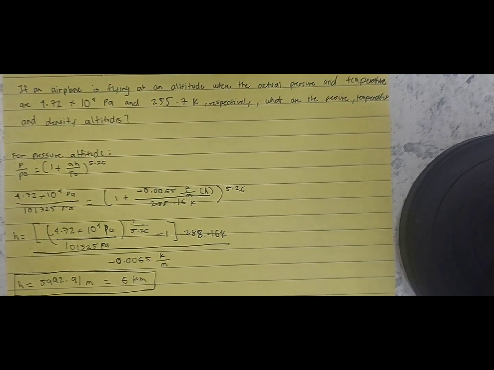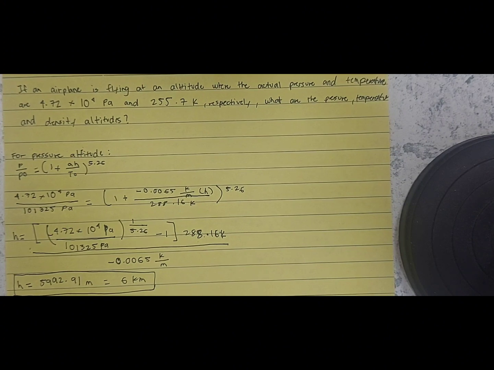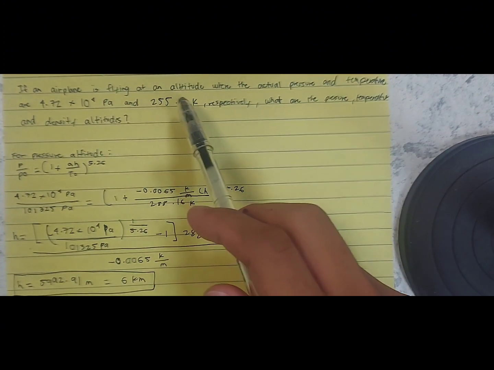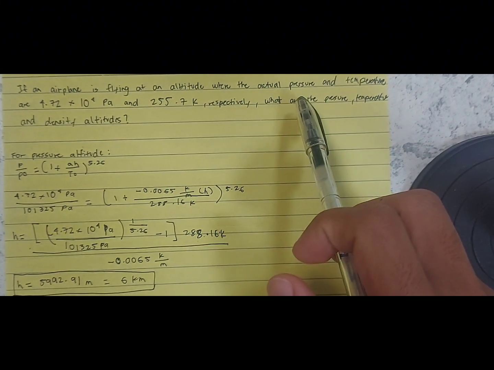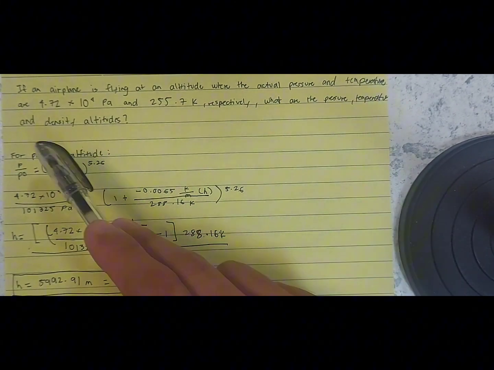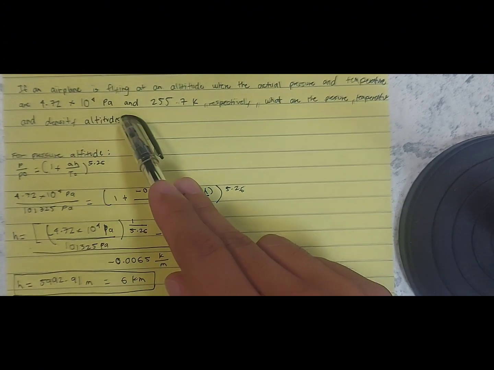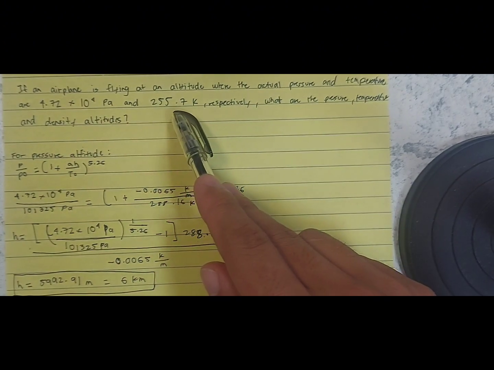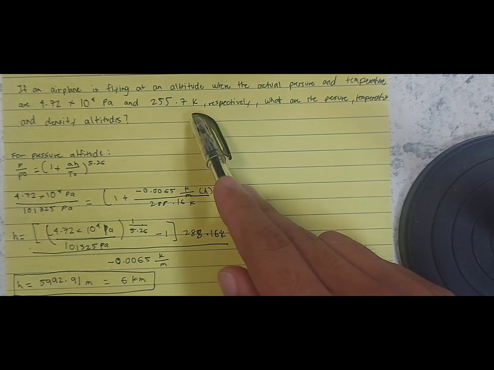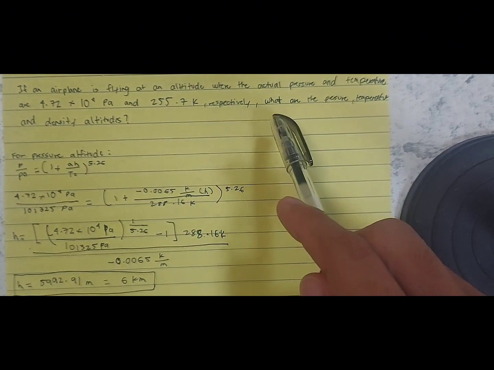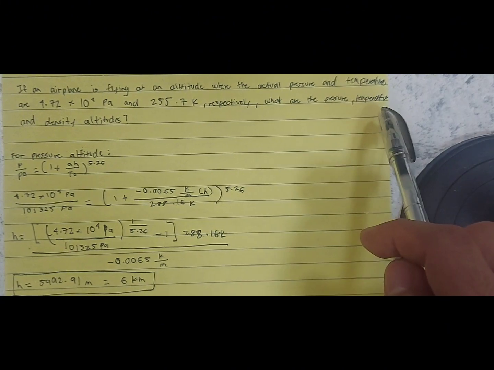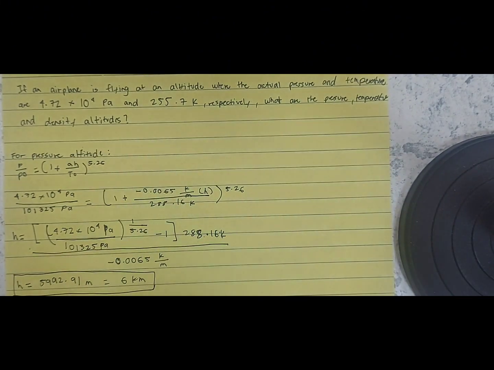Okay, so let's solve the next question. So if an airplane is flying at an altitude where the actual pressure and temperature are 4.72 times 10 raised to 4 pascals and 255.7 Kelvin respectively, what are the pressure, temperature, and density altitudes?